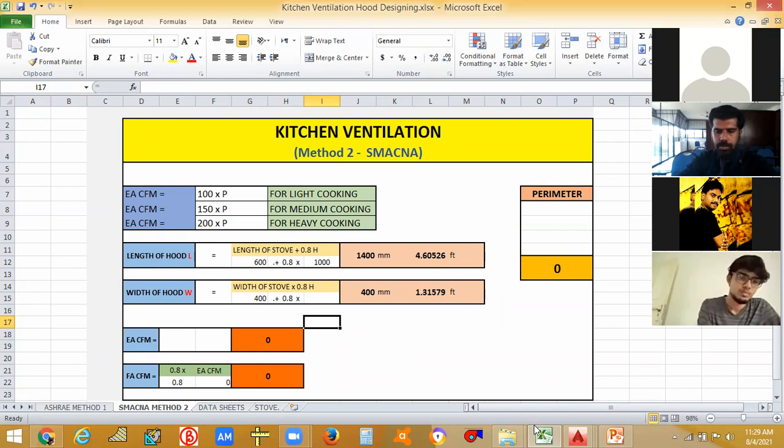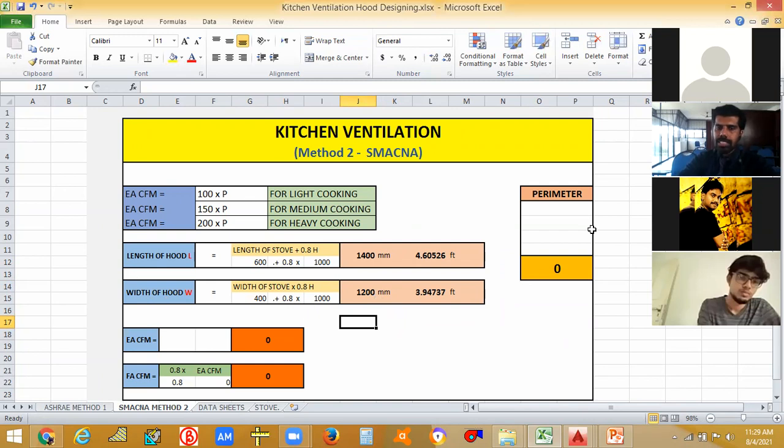Height, how much? The same height. We can give 1000 mm or 1 meter. So the width of the hood is 1200 mm. When converted to feet, it is 3.9.